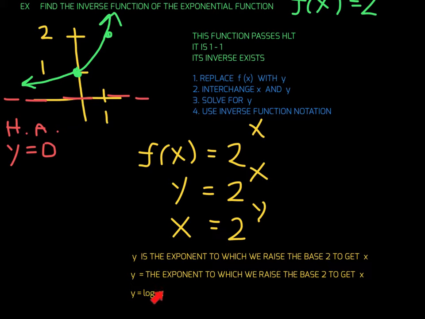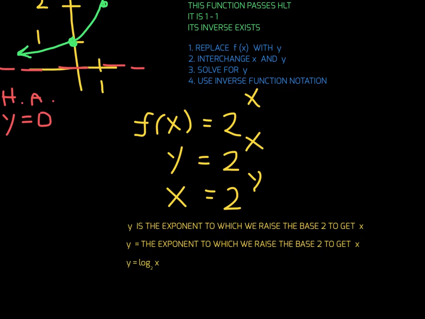Okay, so in using inverse function notation, the last step, our final answer would be written like this. All right, let me scroll up a little bit here for us. Okay, so our final answer would be written like this.